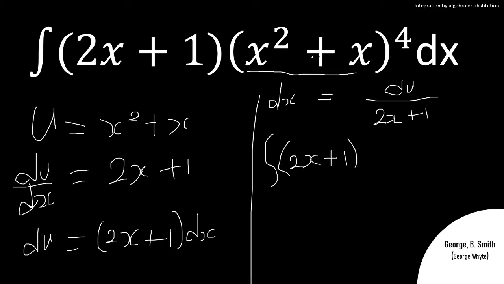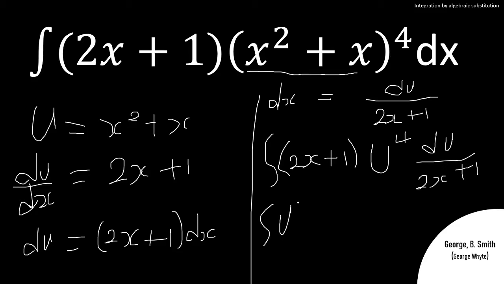In place of x squared plus x, what we have now is u, raised to the power of 4. In place of dx, we have du all over 2x plus 1. Now 2x plus 1 will cancel out 2x plus 1. What we have is just the integral of u raised to the power of 4 with respect to u.